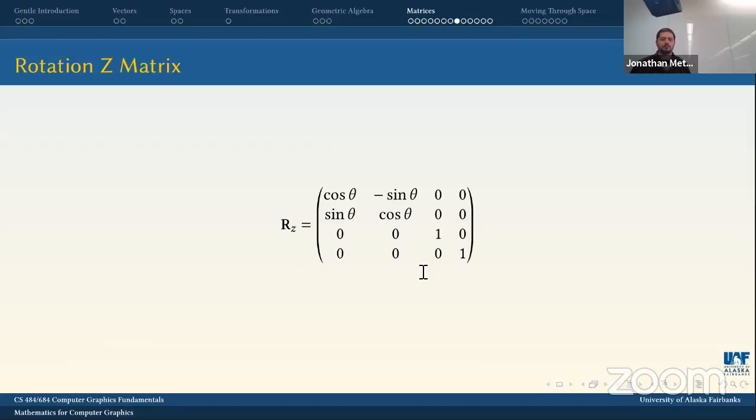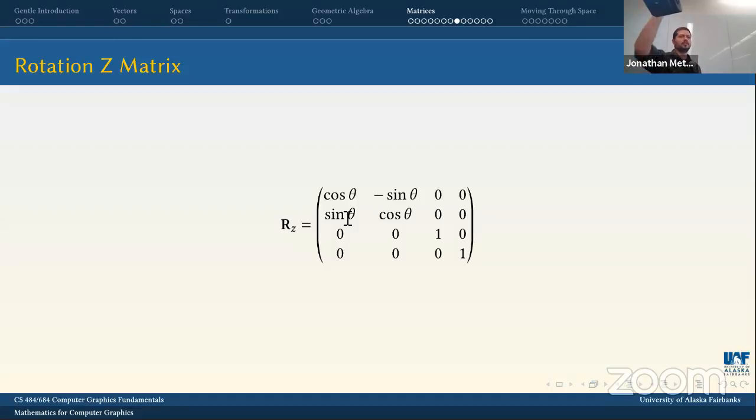Then we have our different rotation matrices. Okay, this is probably the most important rotation matrix for you to remember. The other ones look very similar to it, but this is the most important one. If you just go to your trig, and you figure out, I want to plot a circle, and you have an angle theta, and you find out what's my x and what's my y, you know that your x component is just cosine theta, and sine theta is your y component.